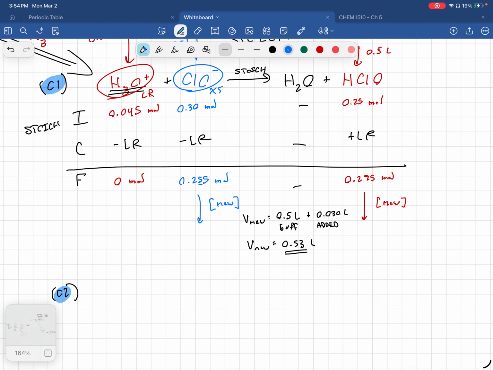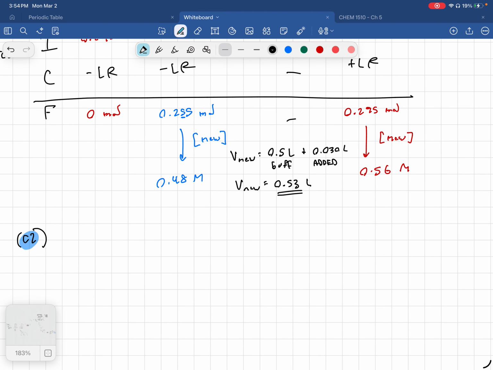So 0.255 divided by 0.53, our new concentration of this is 0.48 moles per liter, and our new concentration over here, 0.295 divided by 0.53, is 0.56 moles per liter. I rounded early. Technically, you wouldn't round just yet.